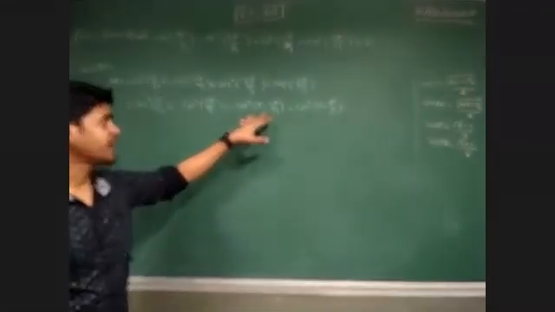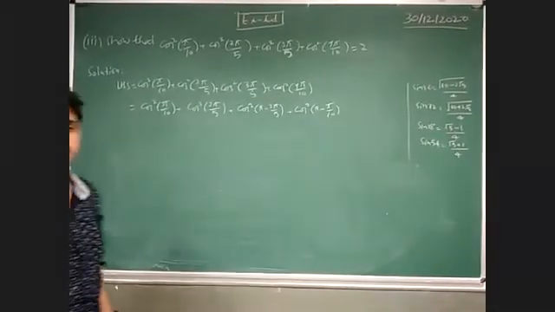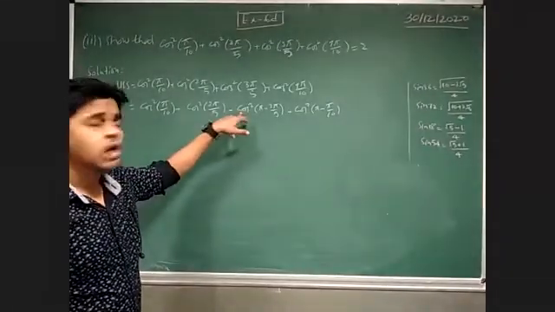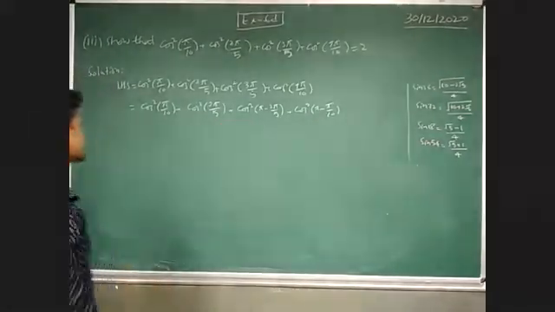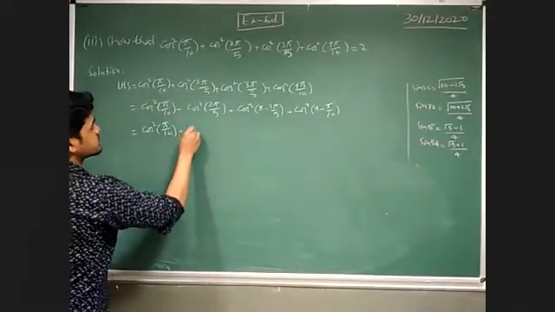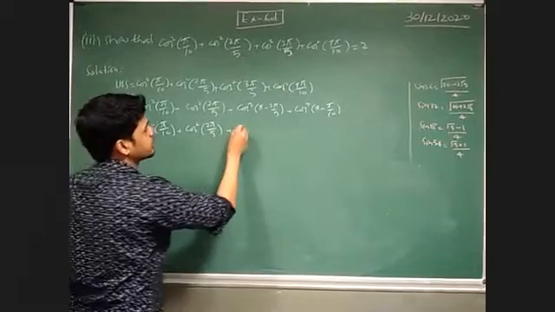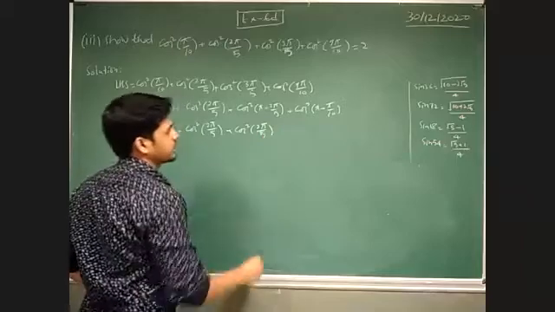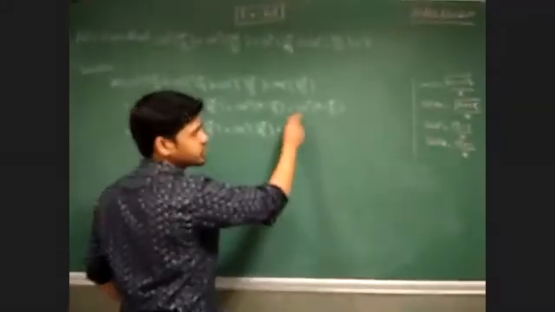So cos of pi minus theta is in the second quadrant, and cos will be negative in the second quadrant, but here we have cos square, so the negative sign will not be there. So cos square pi by 10 plus cos square 2 pi by 5, and this will be cos square 2 pi by 5, which is also in the second quadrant, but due to the square it will not change sign.